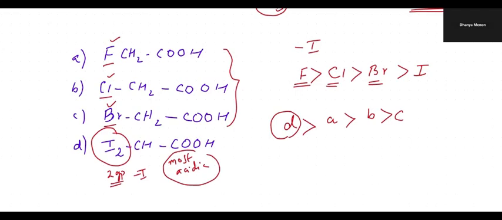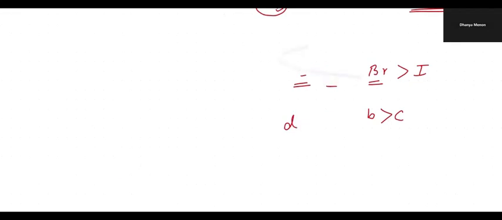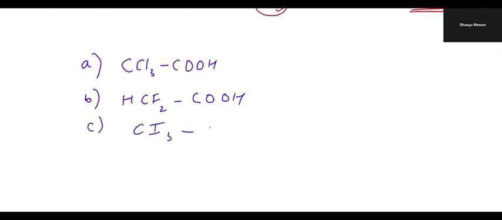Okay, let's come to a similar example. If I have CCl3COOH, HCF2COOH, CI3COOH.